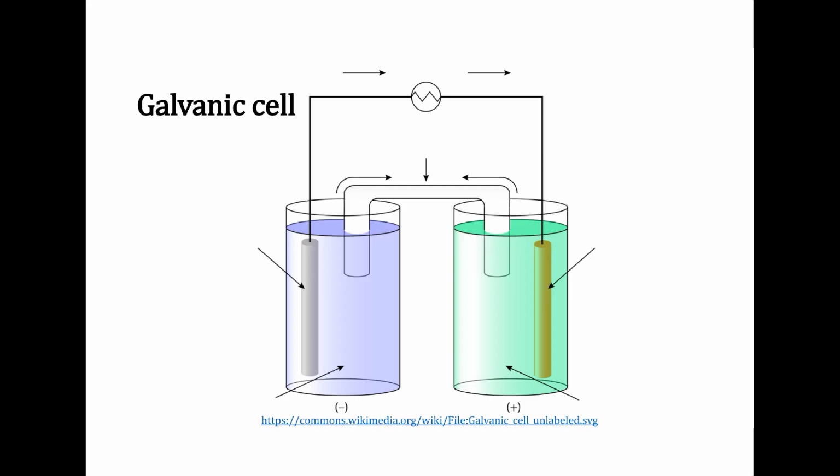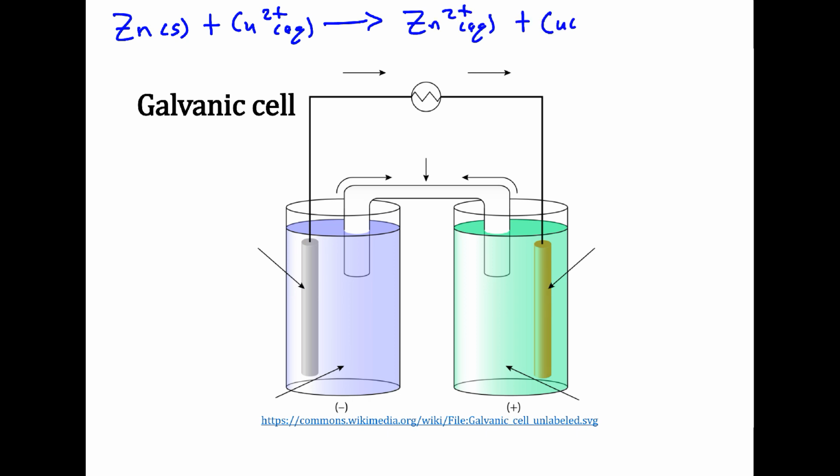So again, recall that the overall reaction that we're going to consider is zinc plus copper 2+ yields zinc 2+ plus copper solid. And we said that zinc was being oxidized and copper 2+ was being reduced.